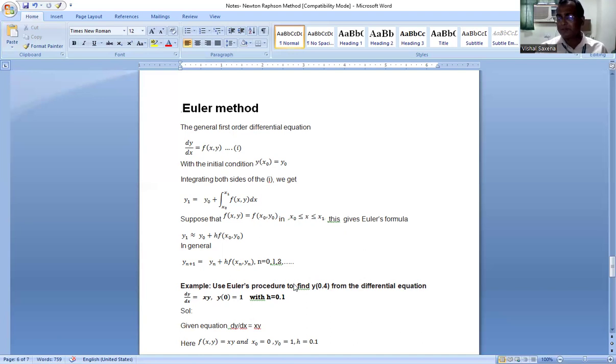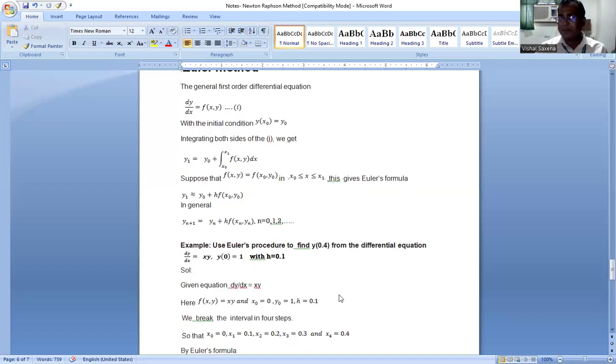In Euler's modified method, along with the same equation y(n+1) equals yn plus h into f(xn, yn), we use one more equation in each and every step. That's why the root can be improved, and Euler's modified method gives a better solution as compared to Euler's method.